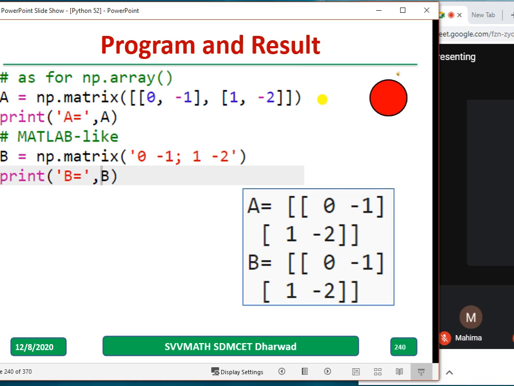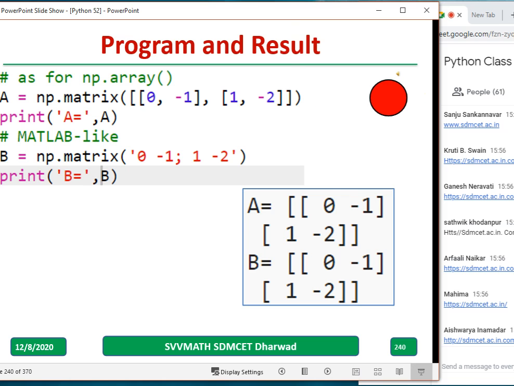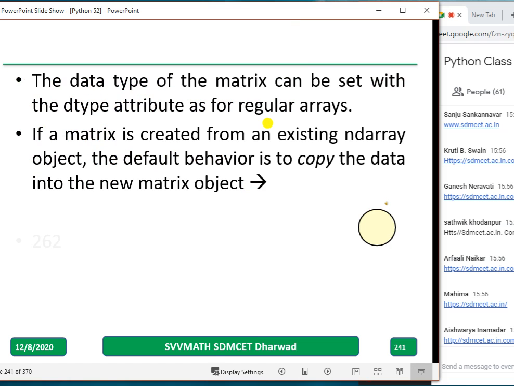Let me go to the next slide. The data type of a matrix can be set with the dtype attribute, as for regular arrays. If the matrix is created from an existing ndarray object, the default behavior is to copy the data into the new matrix. Just read it.